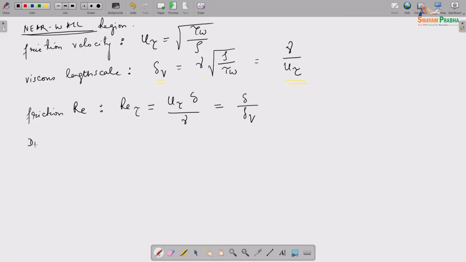Now, distance from the wall, measured in viscous lengths, or wall units.